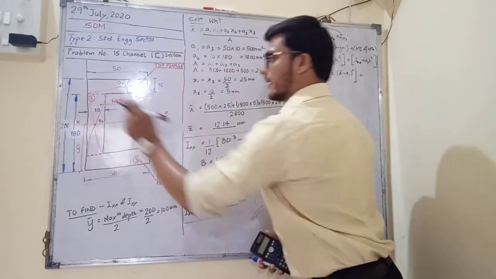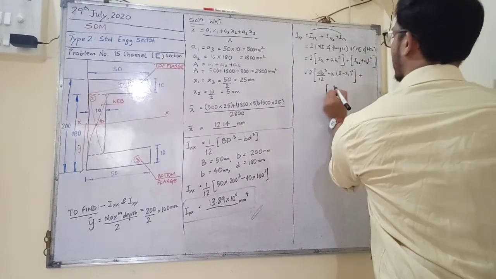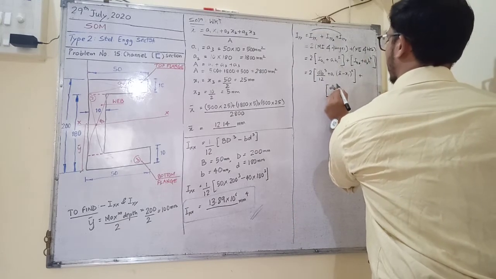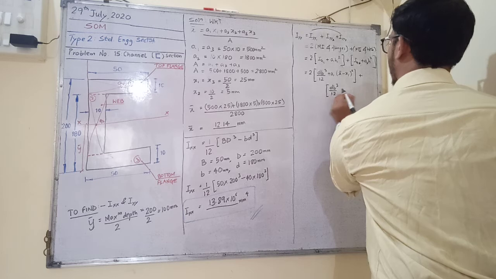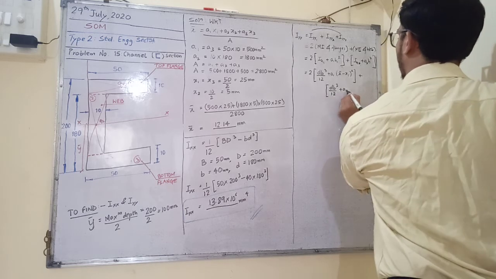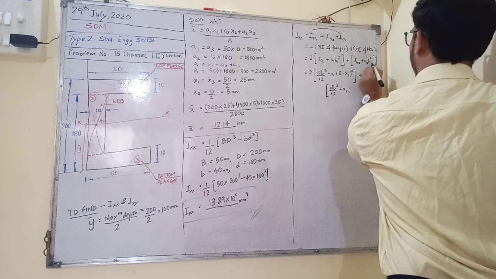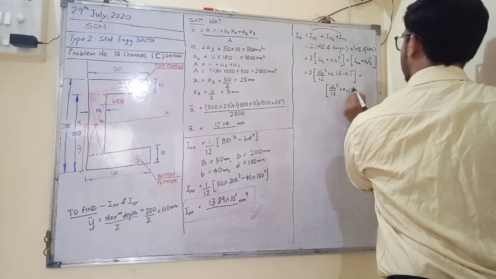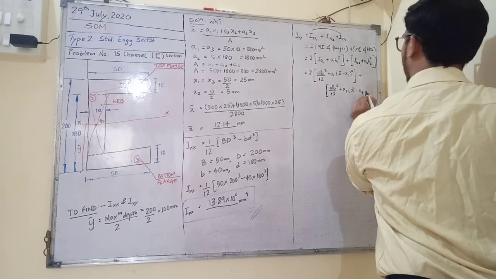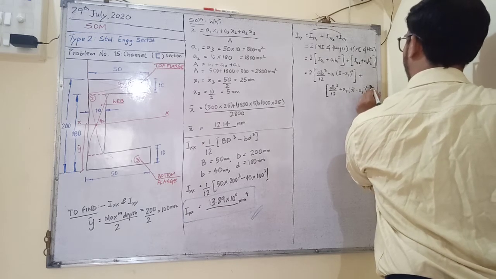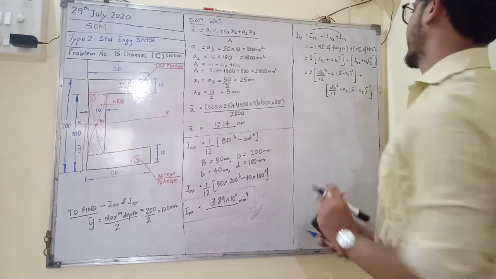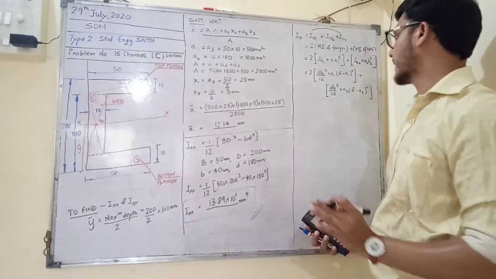This is the second rectangle. Again Iyy will be dB cube by 12 plus A2, and h2 will be what? X bar minus x2 square. Now simply substitute the values and get the answers.